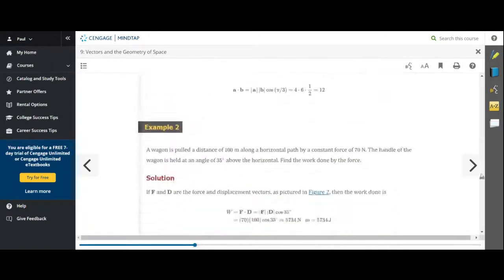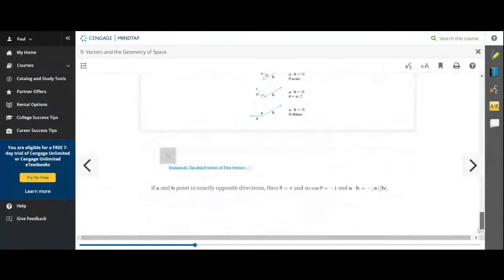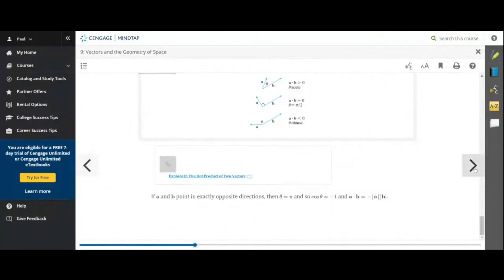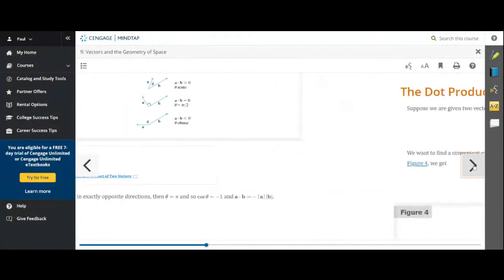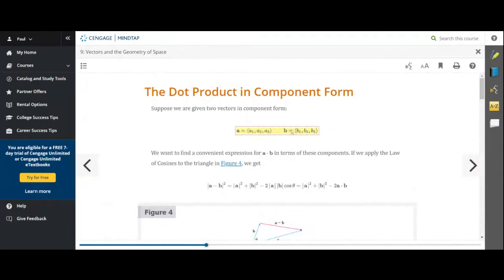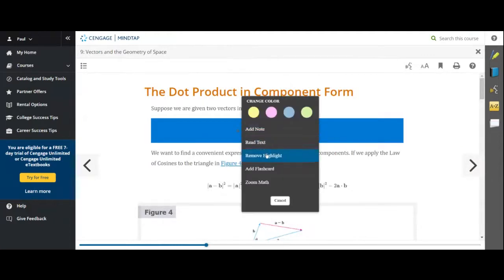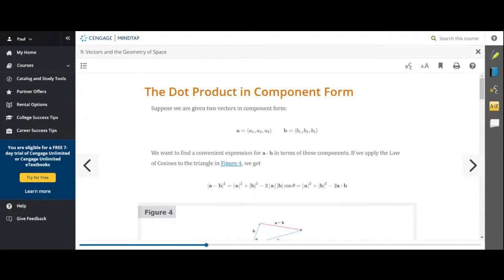Another way to compute the dot product is using the component form. Normally we know the components of the vectors, so if we could compute the dot product between two vectors when given the components, that's wonderful.